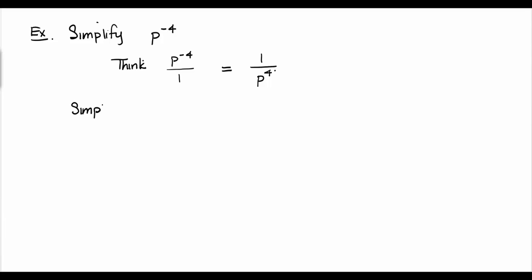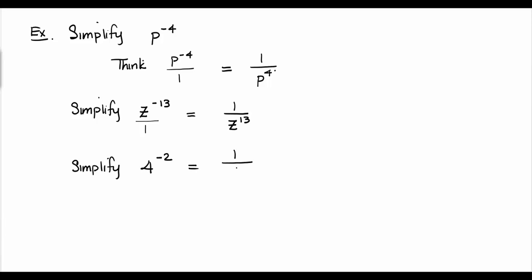Right? Simplify z to the negative 13th. Well, again, I think over 1, so I bring that down, and I get 1 over z to the positive 13th. Right? Simplify 4 to the negative 2. That's the same as 1 over 4 to the positive 2, or 1 over 16.